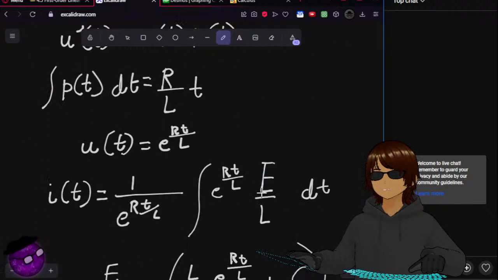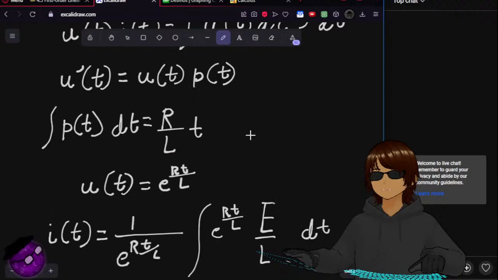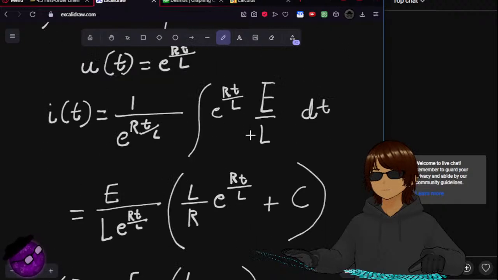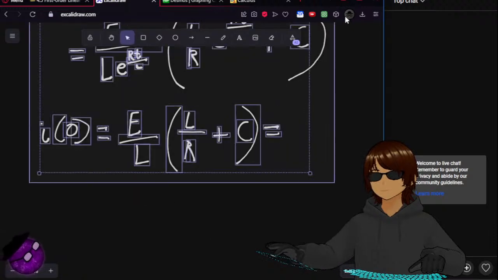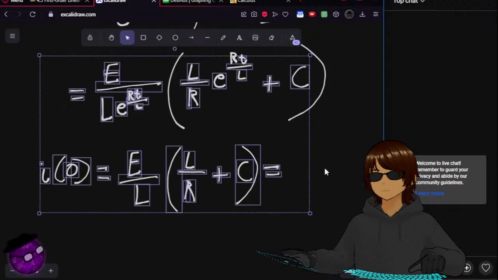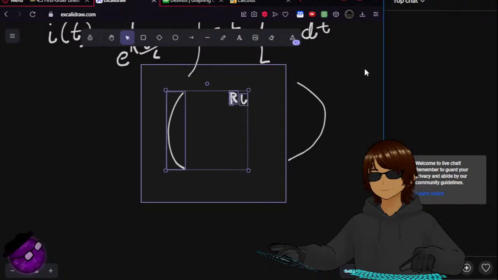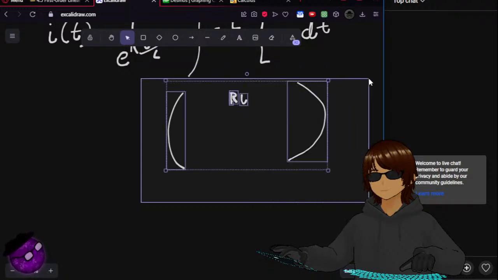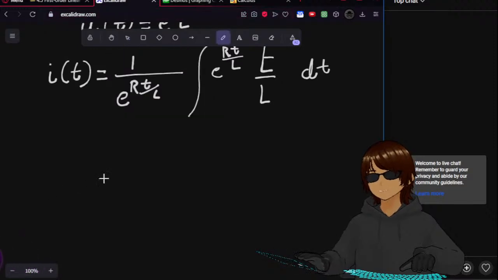Hold on, I did not substitute E. This is all wrong. I need to substitute the values.